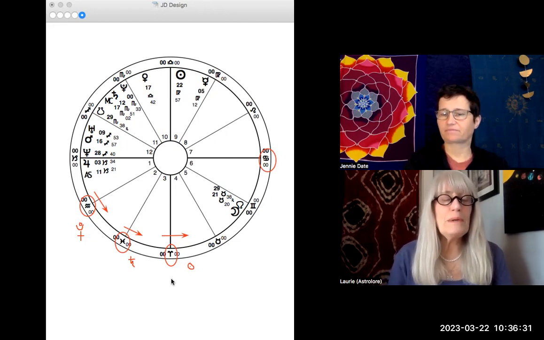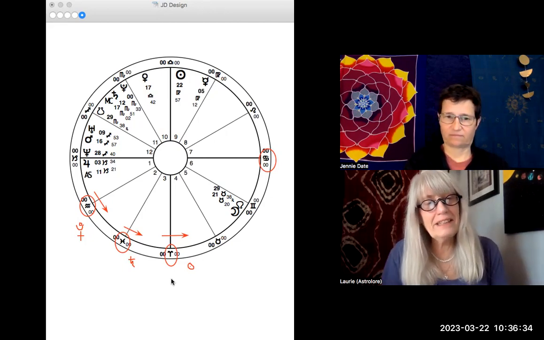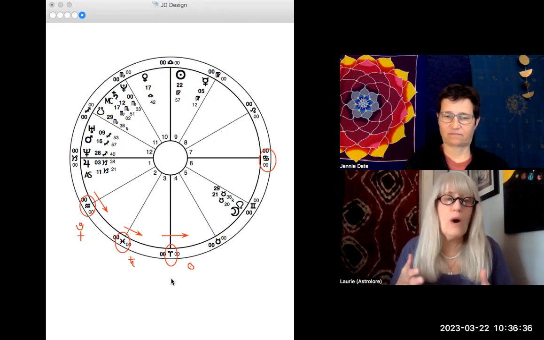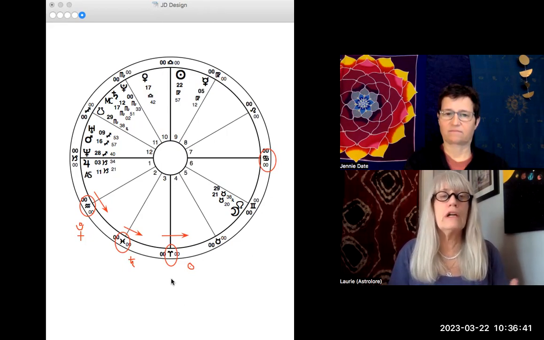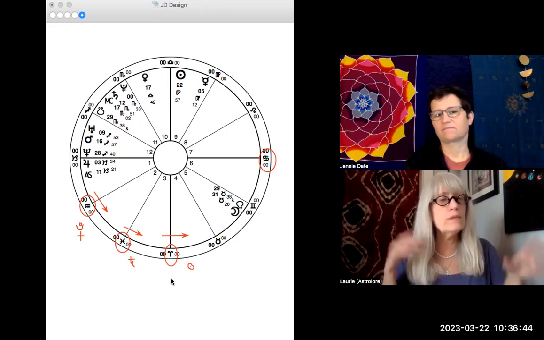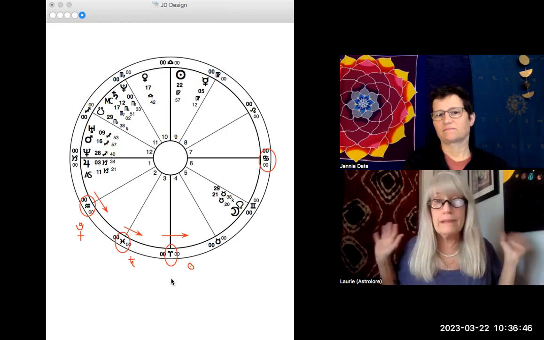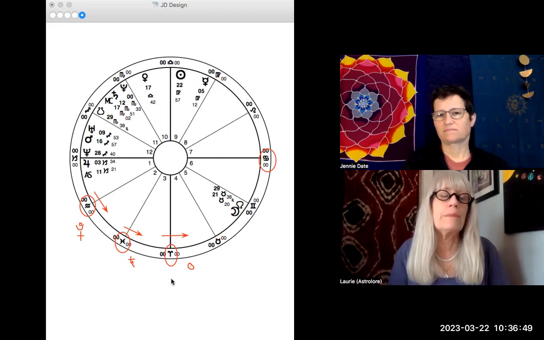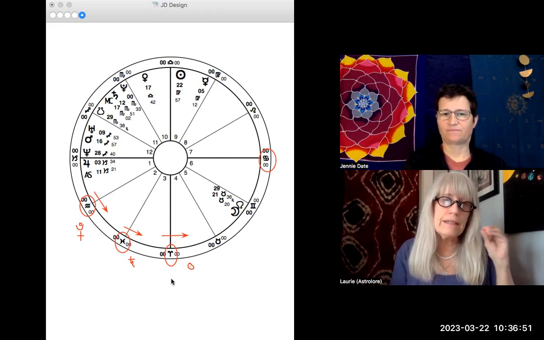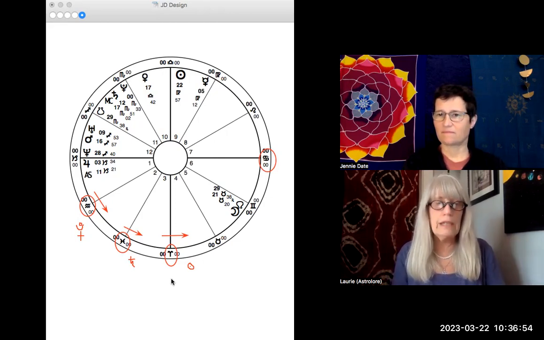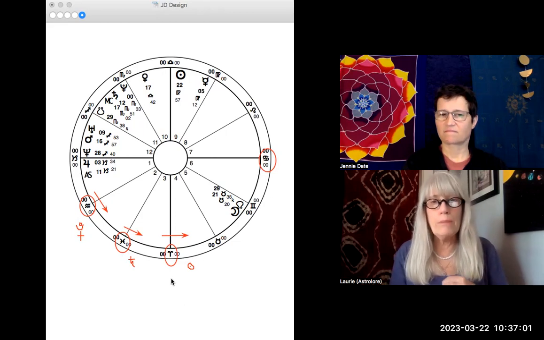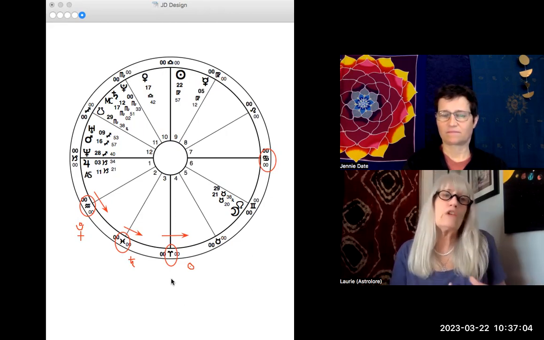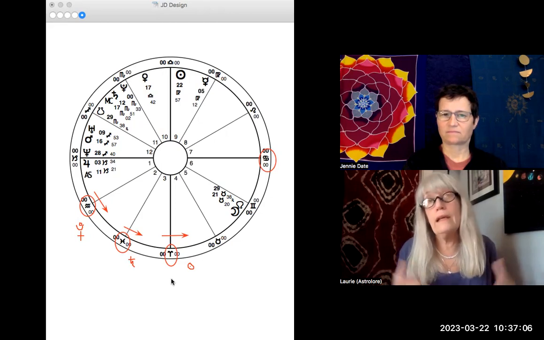Yeah, Pluto's a fascinating planet, and it moves so slow that if it's not directly impacting a personal planet in your chart or making a big change like this, we kind of are unaware of it, because it's below the surface somehow. But when it does impact our charts and change houses like this, we become a lot more aware of it. People get scared about Pluto and think of it as the great destroyer. And really, it is.